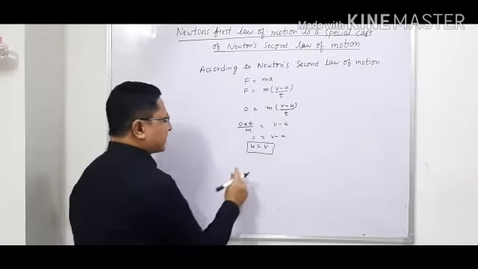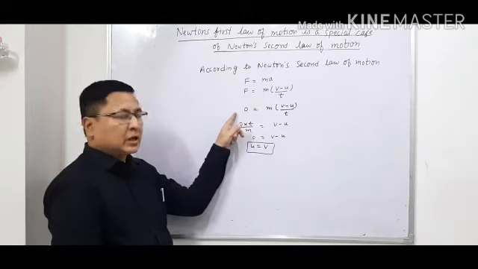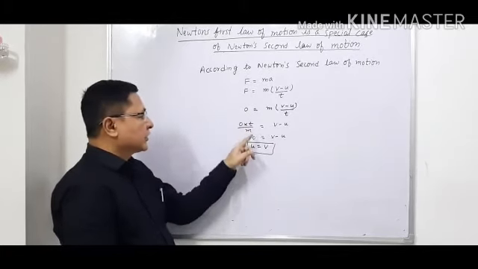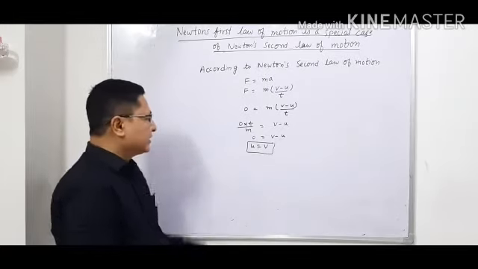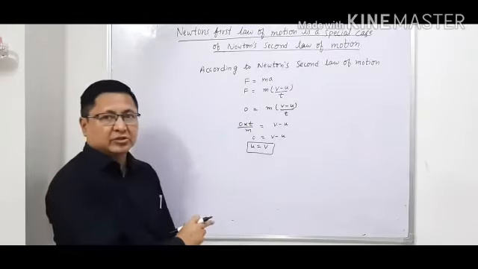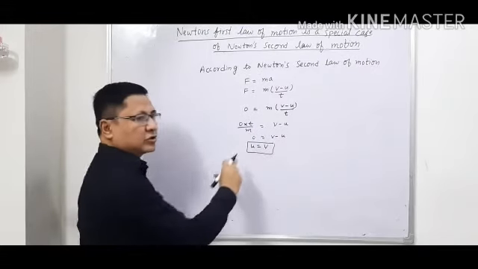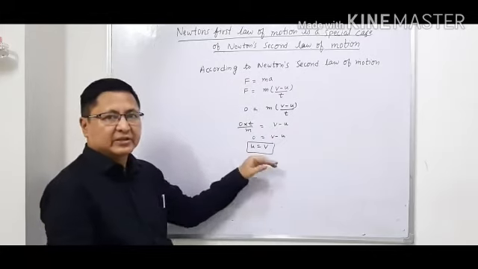Now you can see that in the absence of any unbalanced external force, we have derived that u and v are equal. That means if an object is at rest, that is the initial velocity is 0, the final velocity will also remain 0. So if an object is at rest, it will remain at rest.